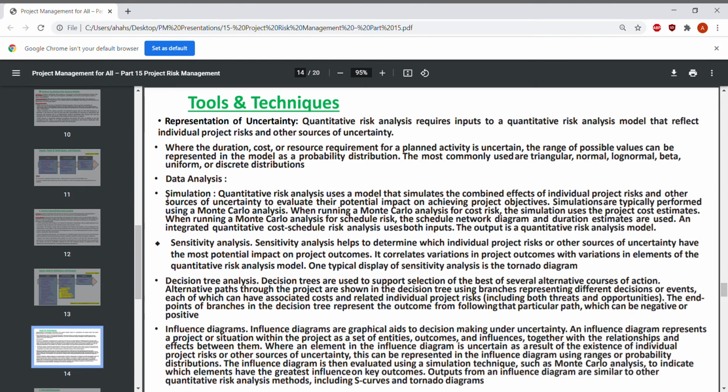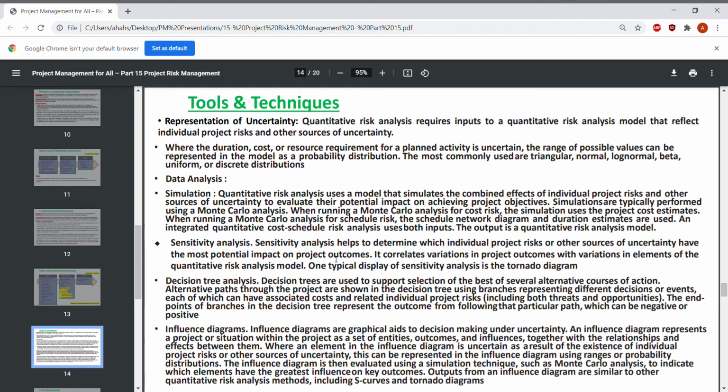The data analysis: we may use simulation. Quantitative risk analysis uses a model that simulates the combined effects of individual project risks and other sources of uncertainty to evaluate their potential impact on achieving project objectives. The sensitivity analysis helps to determine which individual project risk or other source of uncertainty has the most potential impact on project outcome.